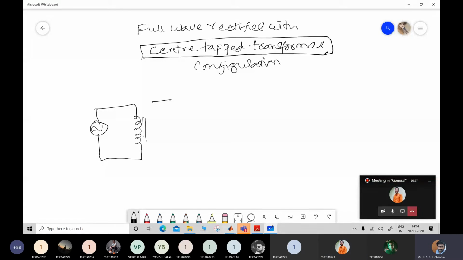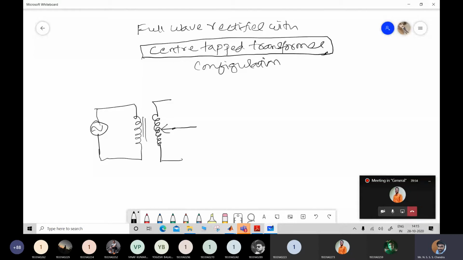Your secondary winding is divided into 2 different halves. The tapping should be exactly at the center, so do not point this arrow towards the top end or the bottom end. It should be almost at the center of the secondary winding of the transformer. So here we are taking a tapping.